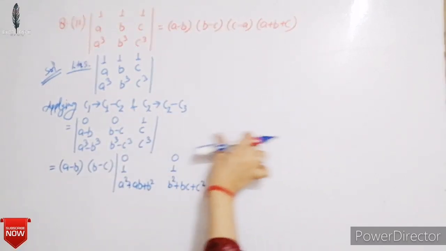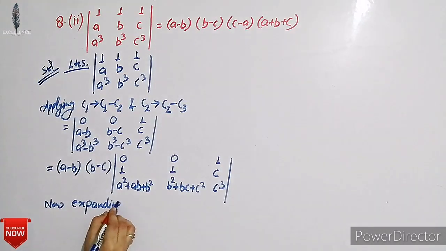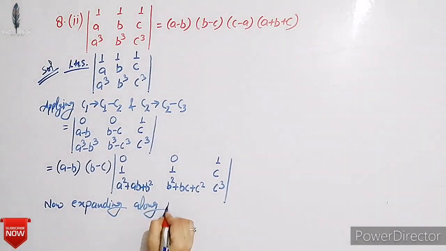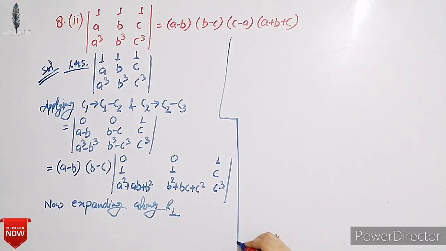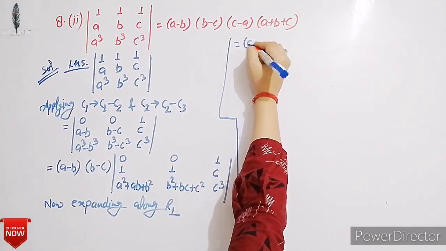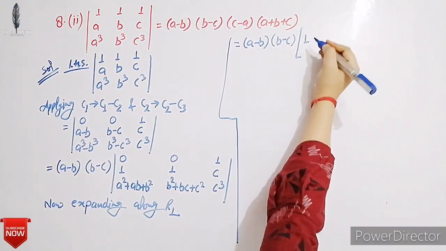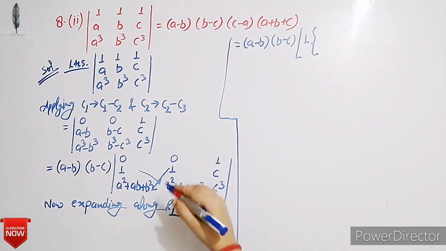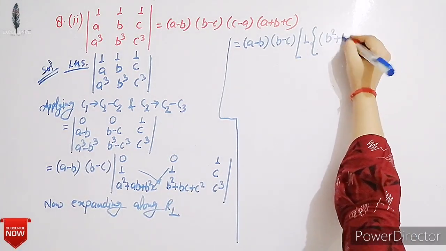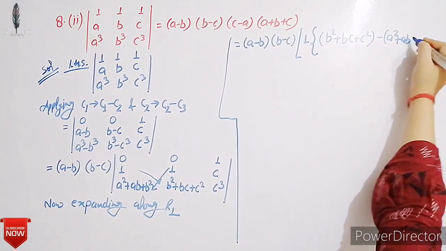Now in R1 two entries are 0, so expanding along R1, we have it is equals to A minus B, B minus C into 1 into, these are block, so here 1 into B square plus BC plus C square, minus here A square plus AB plus B square.